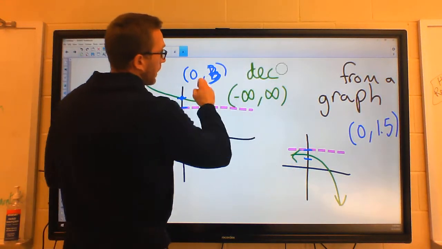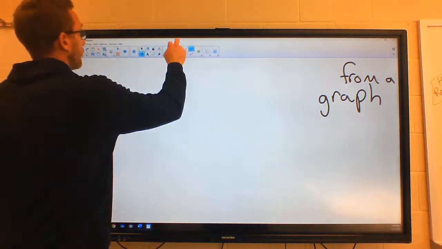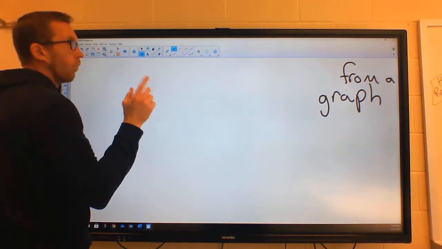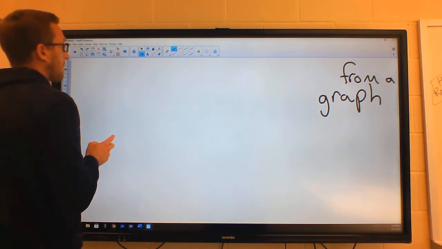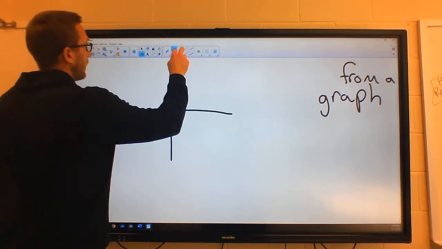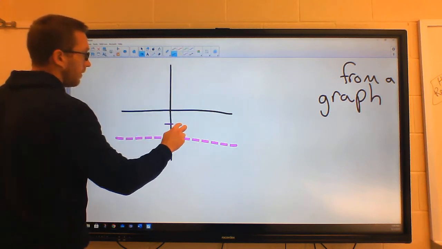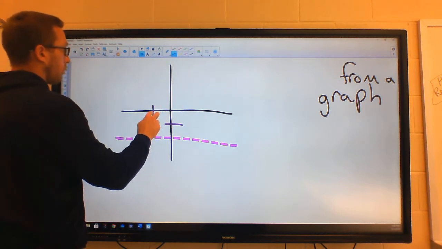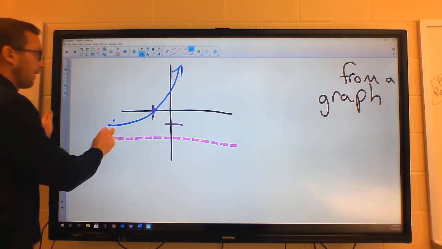One more concept that is counting would be the x-intercepts. So let's say I have the asymptote below it, okay, and it crosses somewhere, and it's above it.